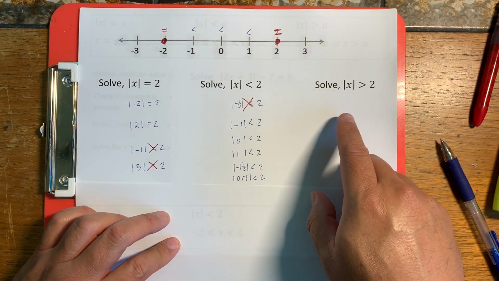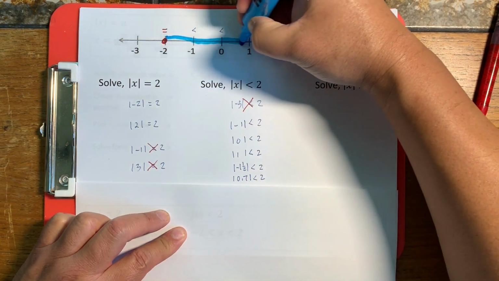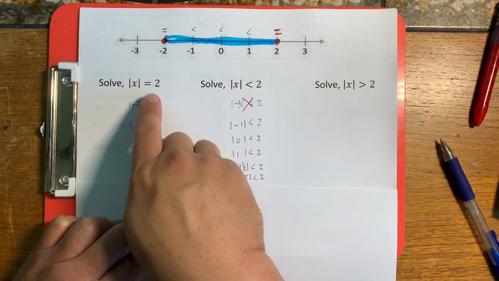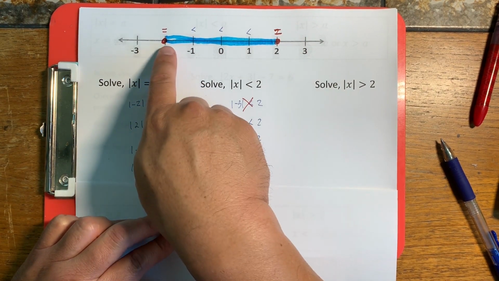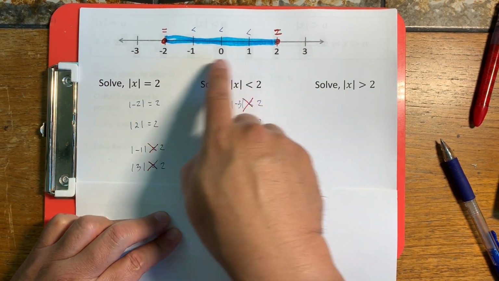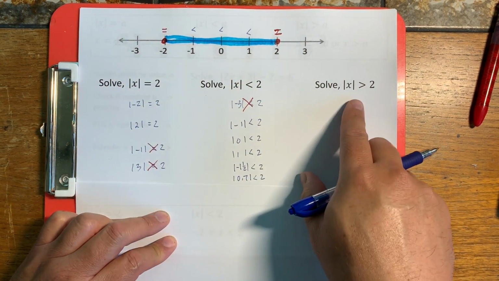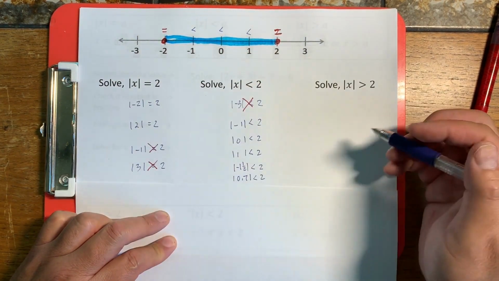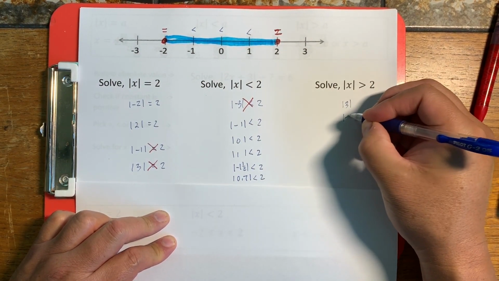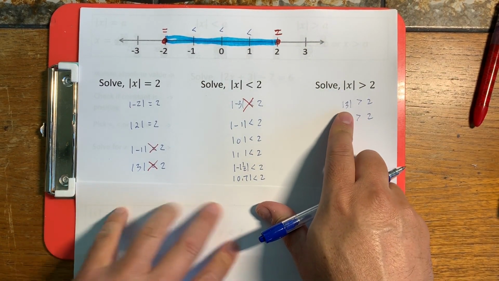Now let's do the same thing over here. Now let me highlight this so we can see it better. So what I'm trying to show is that what the equal does is give you the endpoints, and what the less than does is give you the interval that's in between the two numbers. Now, it stands to reason that the greater than will give us the outer portions. So let's try it. Let's put a 3 in there, or let's put a -3, and we could see that this gives me a true statement, right?